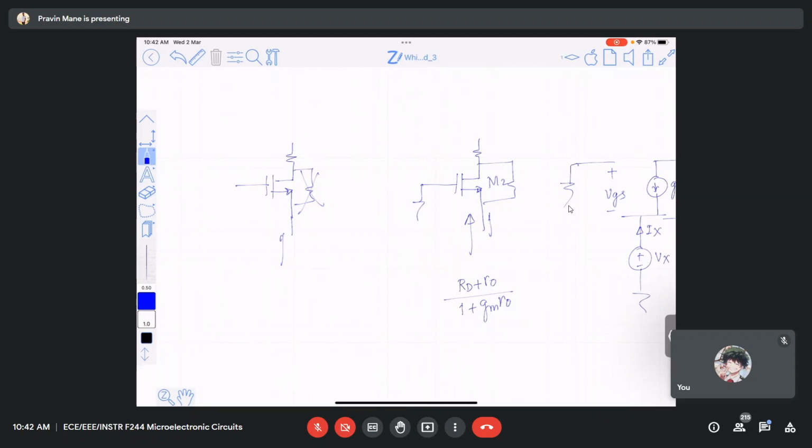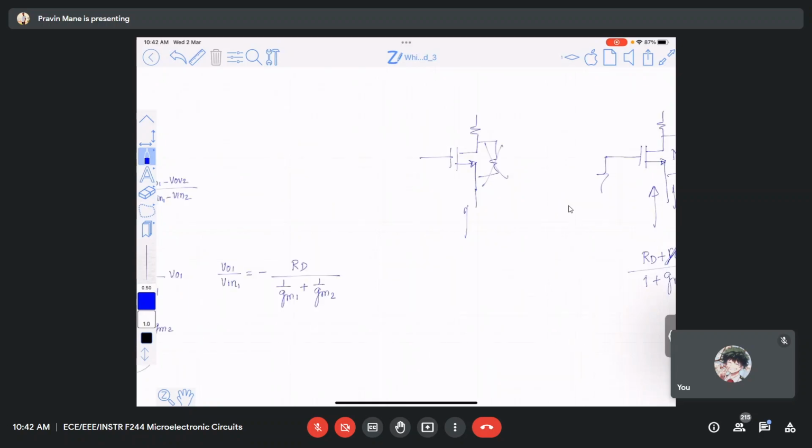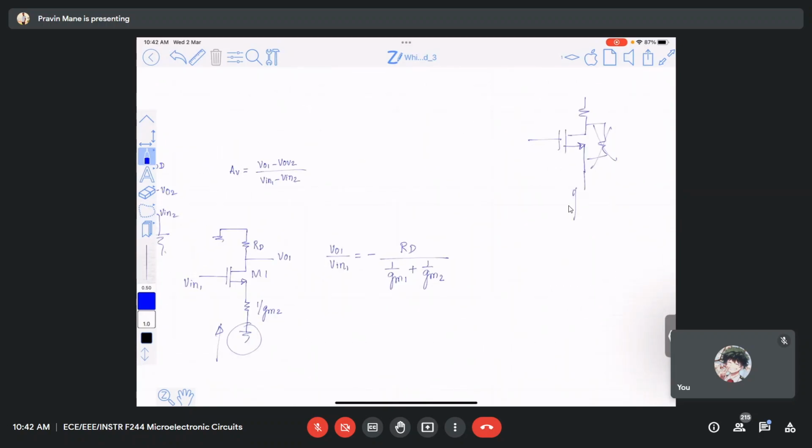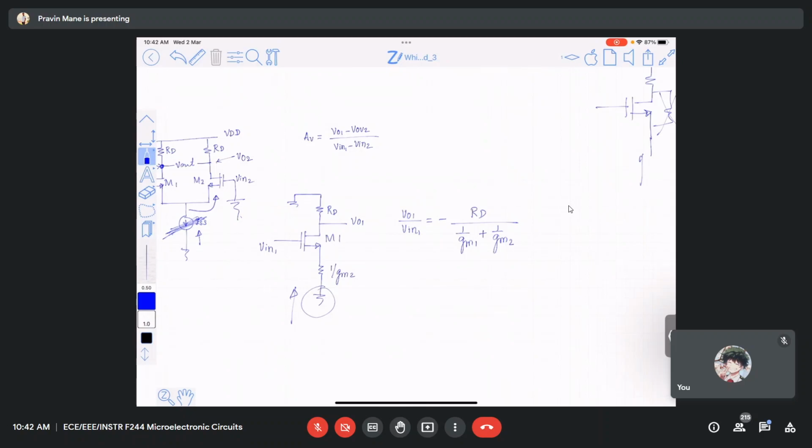Suppose I put RO equal to infinity, then it is 1 by GM. When RO is absent, it is 1 by GM. When RO is present, it is RD plus RO divided by 1 plus GMRO. So I got this particular expression for the resistance looking from here.